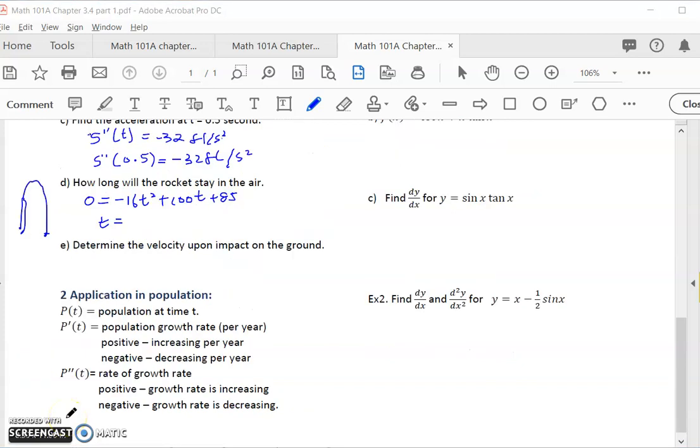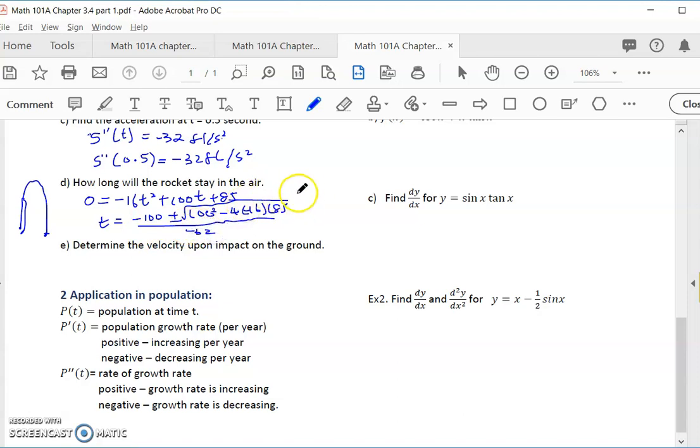So we are going to solve it by the quadratic formula. The way you do it is we just calculate negative b, right? Negative 100 plus or minus the square root of 100 squared minus 4 times negative 16 times 85, all over negative 32.